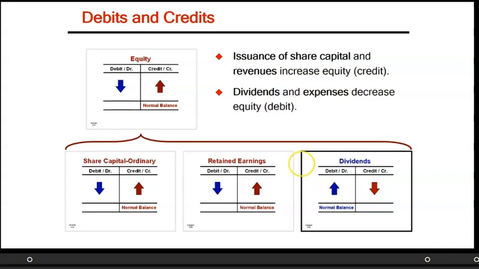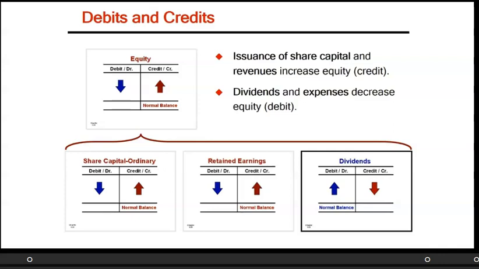Now, secondly, we take the equity, and equity increases when we sell shares. So in this case, share capital will go up. An increase would be on the right-hand side. Equity also increases when we earn revenue, and decreases when we pay expenses.